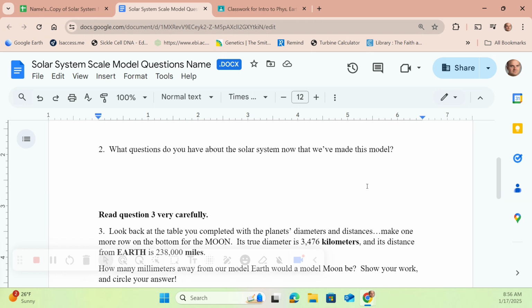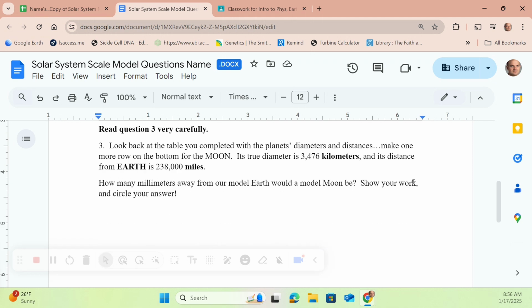Question 2. What questions do you have now that we've made the model? Because sometimes you'll do something and it gives you a new question, right? So if you've got a new question, write it down, and I might be able to answer it for you. And then question 3, it says read very carefully. Okay.